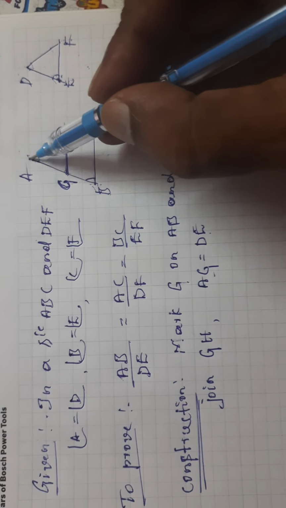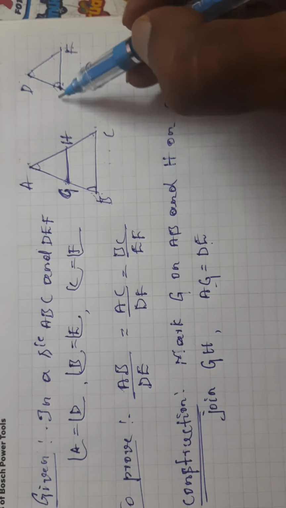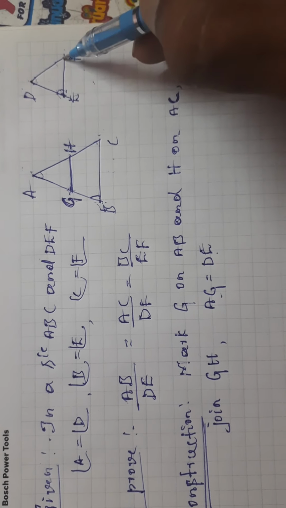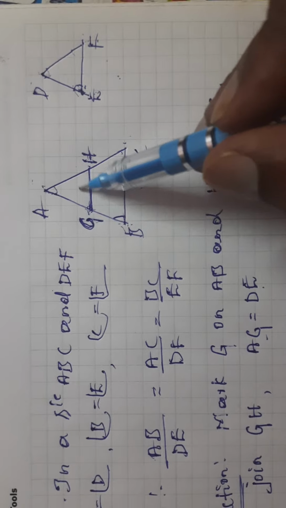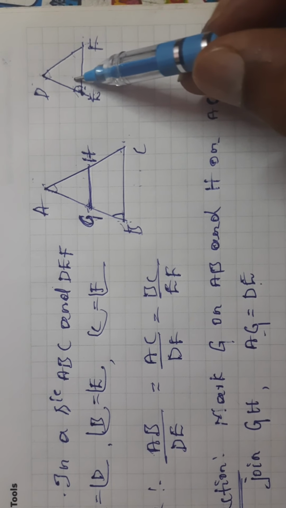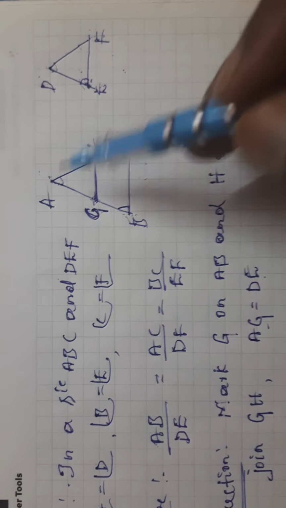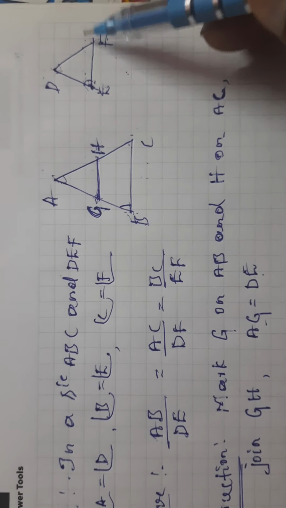That is, triangle AGH is congruent to DEF. Congruent means we know that for these two triangles, all the sides are equal and all the angles are equal. All three angles are equal and all three sides are equal. That is congruence.